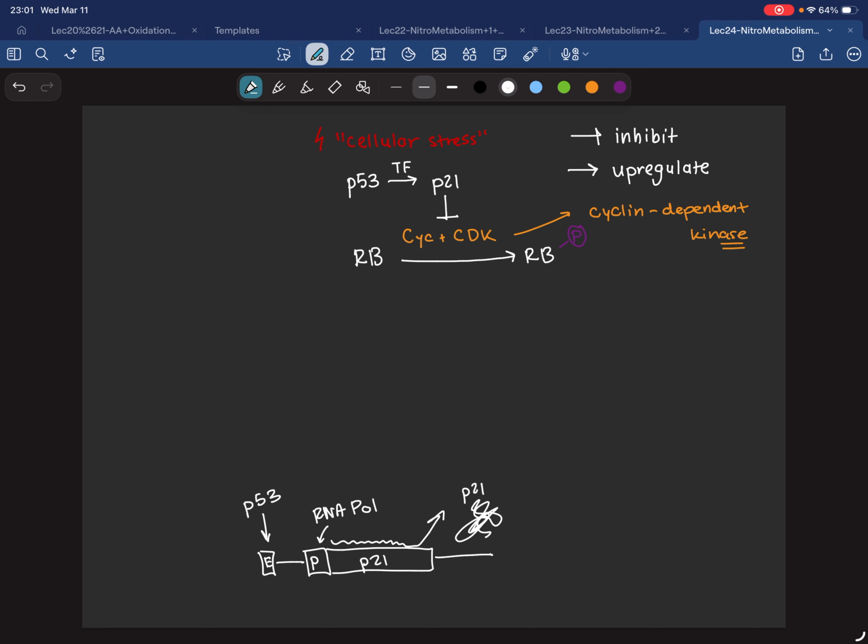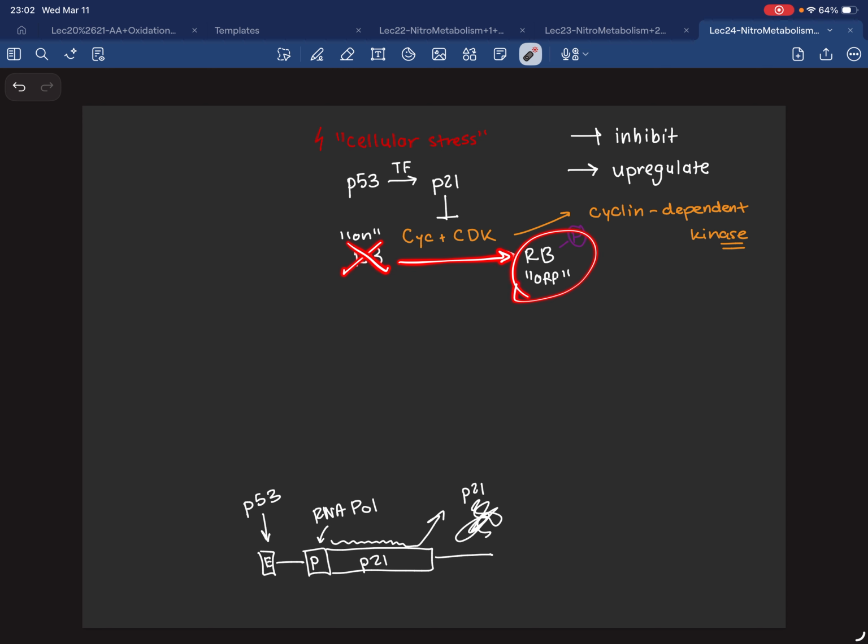RB is something we call a tumor suppressor gene, and we'll talk about why here in just a second. RB is turned off when it's phosphorylated, and it's on when it's not phosphorylated. So you can see that what cyclin and CDK do is they turn RB off. They kill it.